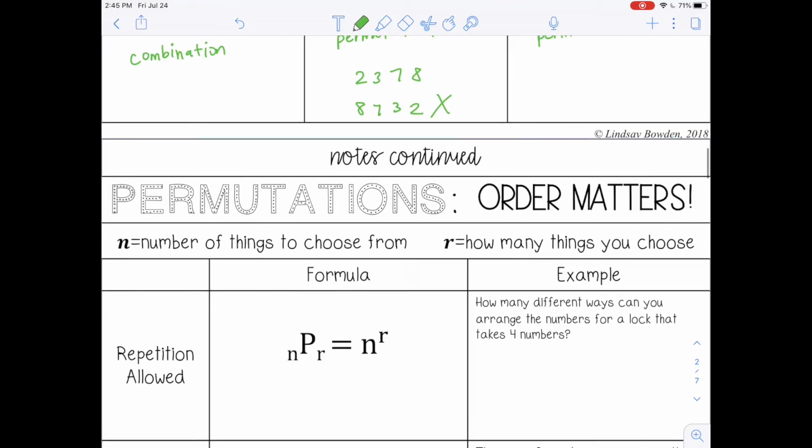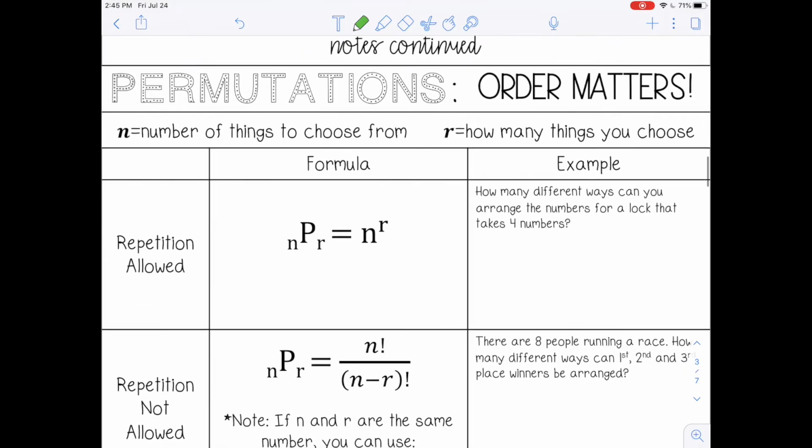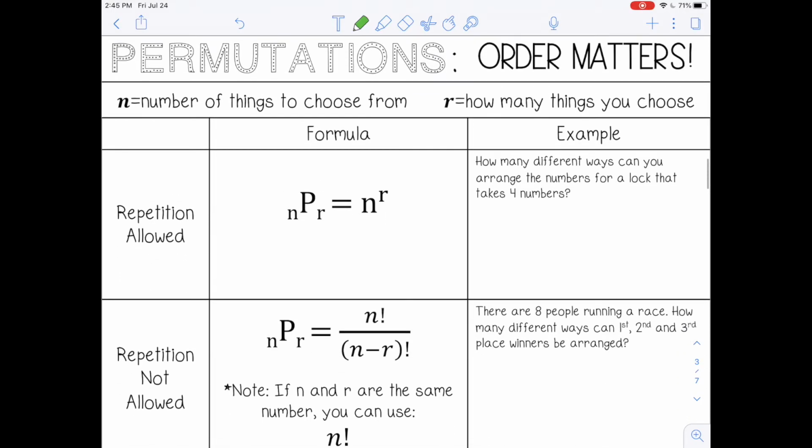All right, so let's talk more specifically about permutations. So remember, in permutations, order does matter. And we're going to talk about some different formulas here. And the formulas are going to have a P for permutation, and then they're going to have an n and an r. So at the top you have what those mean. n is the number of things to choose from, and r is how many you choose.